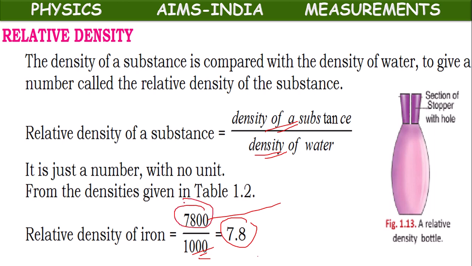Because this is of iron, the density of iron is 7.8 times more than water. Like that, whenever they are comparing relative density, they compare with the density of water. So iron's relative density is 7.8 times more than water.